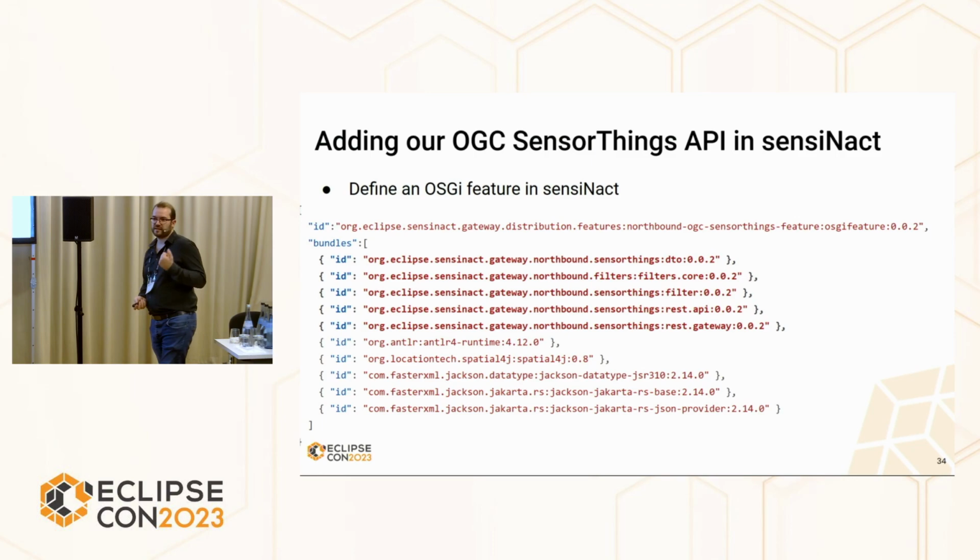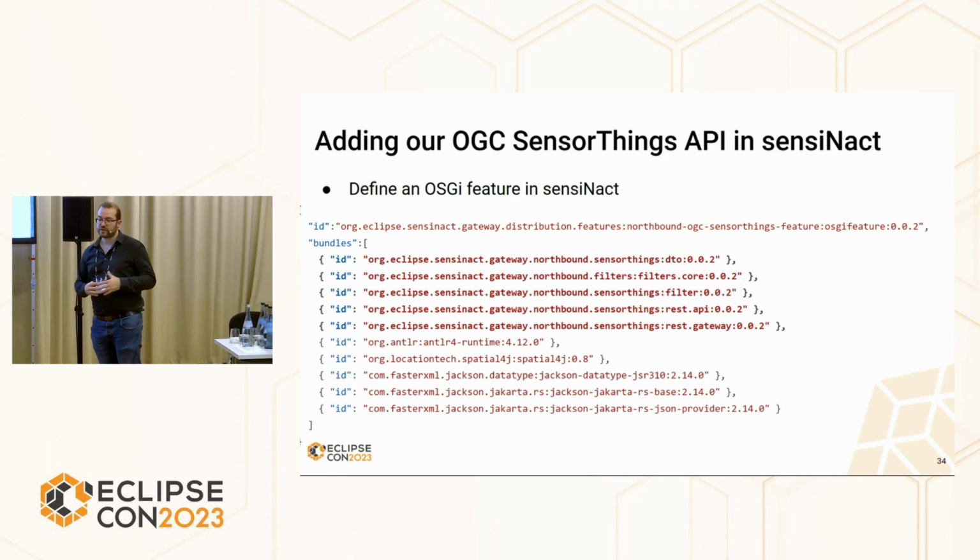Then you put that into SensiNact. What we do is create an OSGi feature file, which describes the bundles you require for your feature. Here it was quite simple.